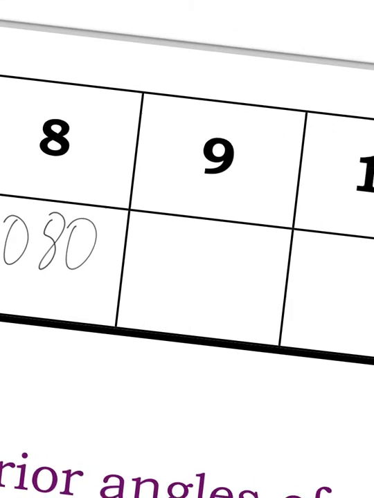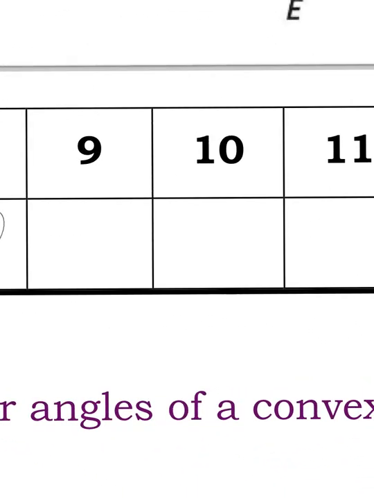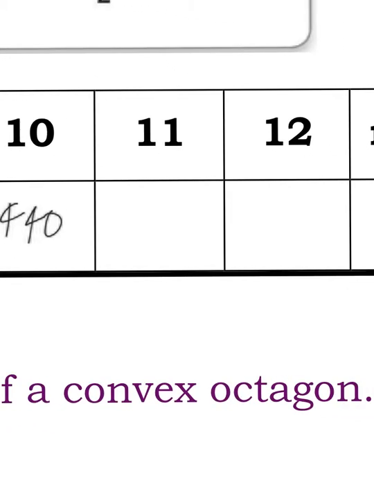All right, and then let's see here. That's just how I'm going to fill out the rest of these values. So 9, you get 1260. 10, you get 1440. 11, you get 1620. And with 12, we get 1800. Why?